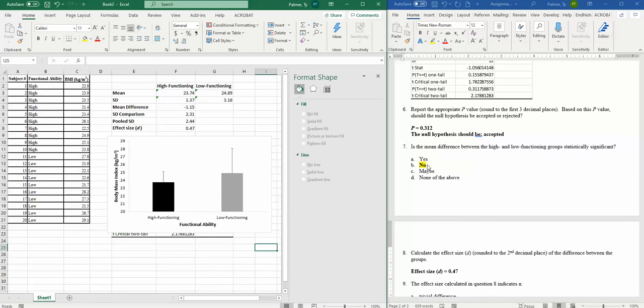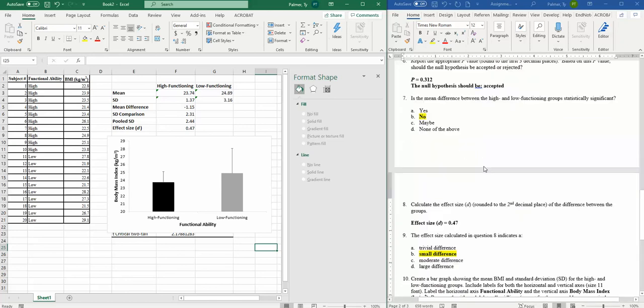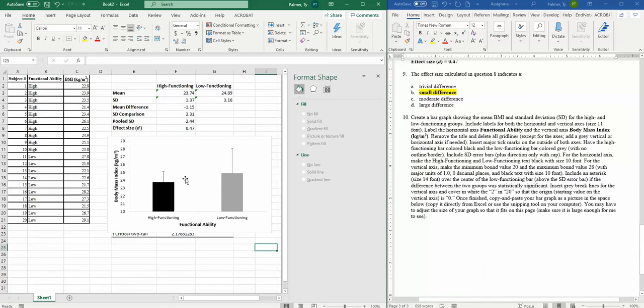Remember my answer was no. It was no because my p-value was greater than 0.05. We accepted the null hypothesis because of that, and by accepting the null, basically we're saying that the mean difference is not statistically significant. So in my example here, the difference between these groups is not statistically significant. And so it says here in the instructions, include an asterisk only if the difference between the groups was statistically significant.